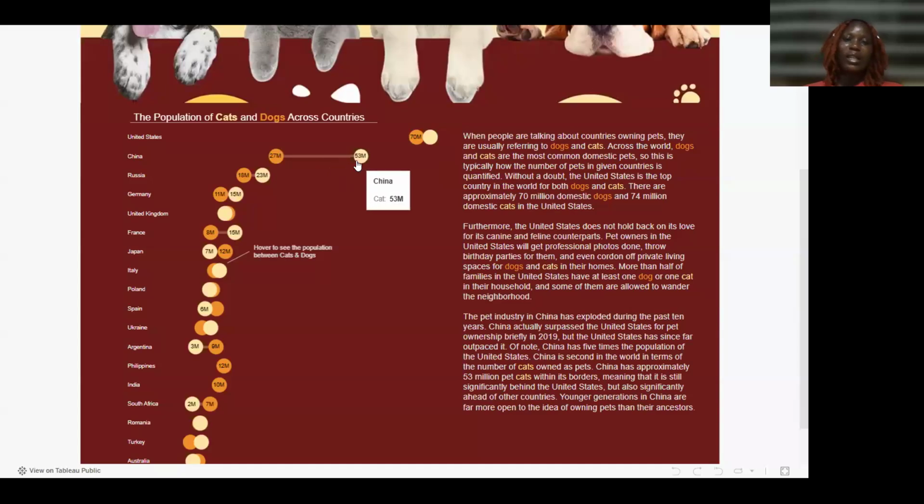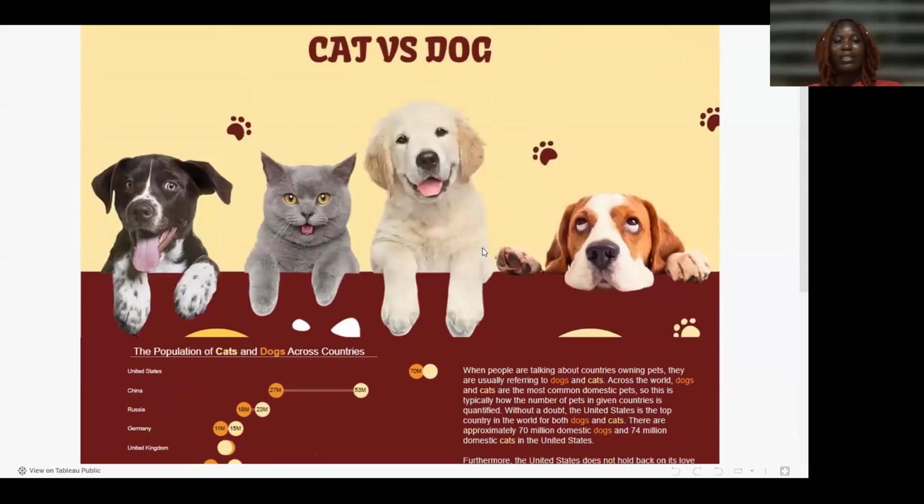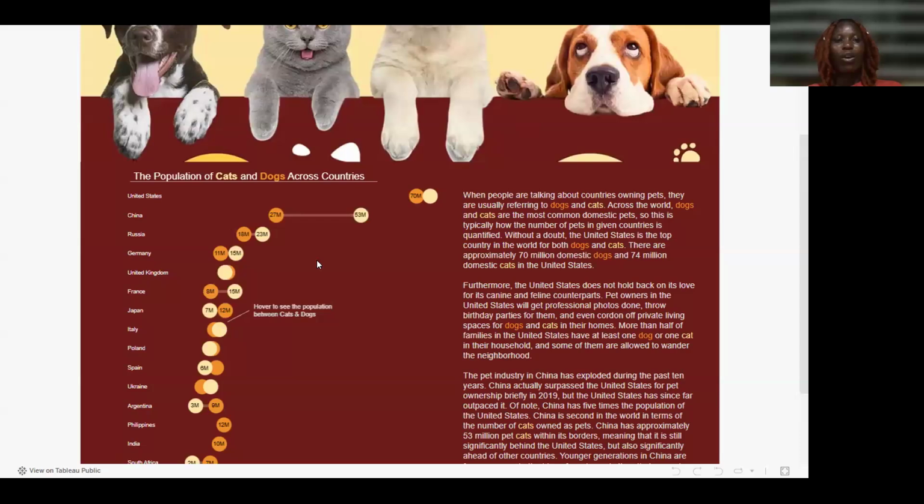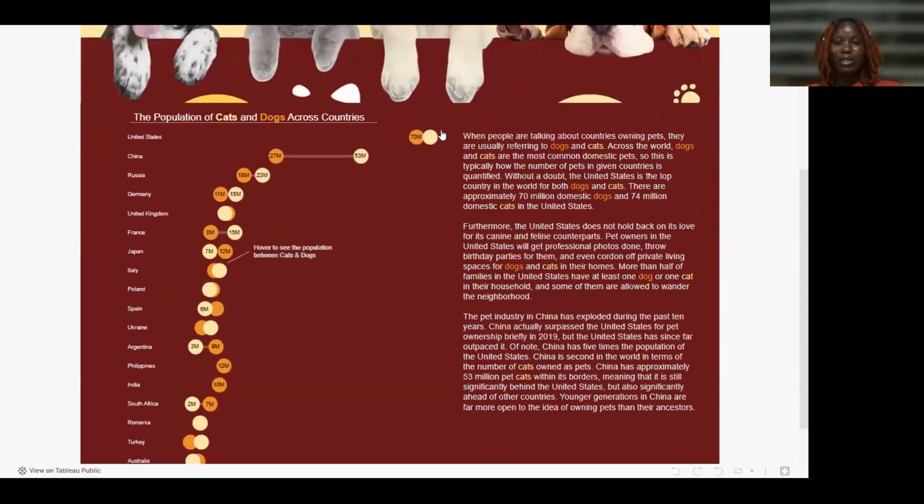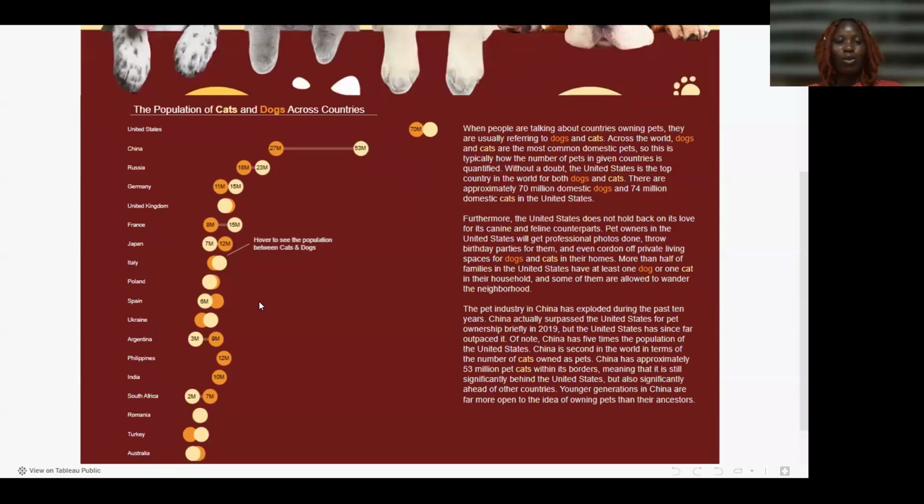The next was China. From the data set, I found out that a huge percentage of the population tends to own more cats than dogs.